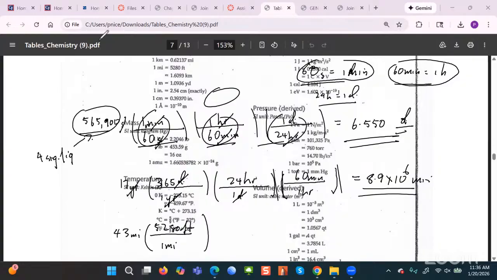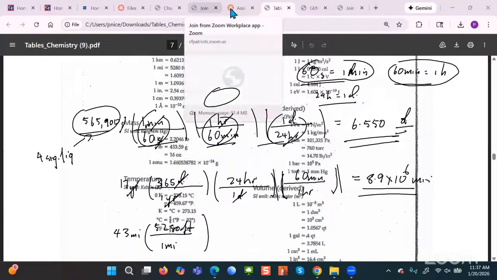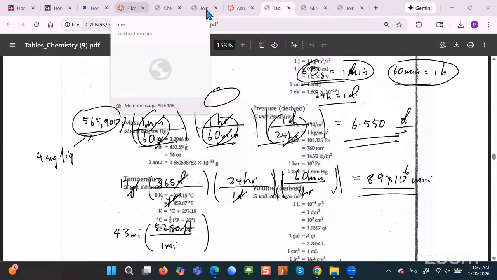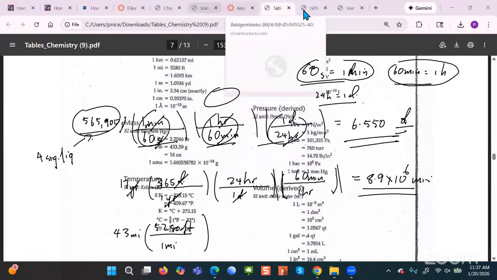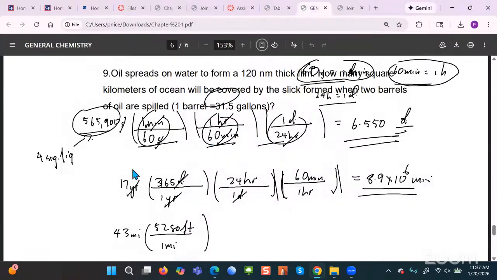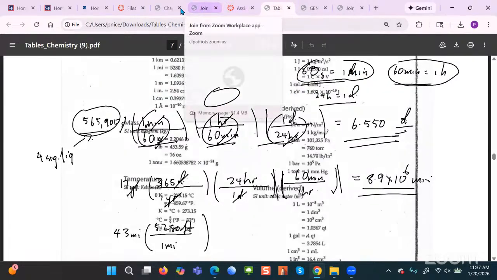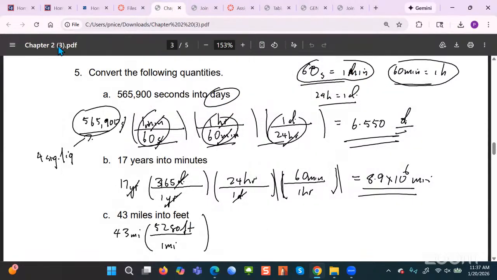So let me go back to the assignment. This is it. Okay. So the mile units will cancel out. So let's do the number crunching.